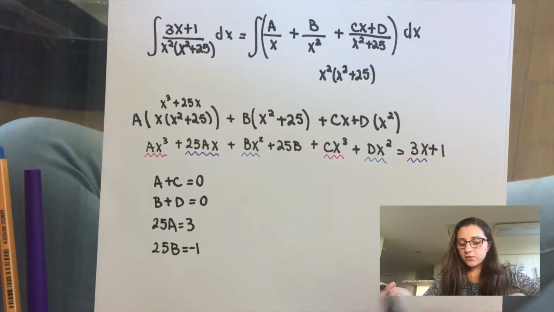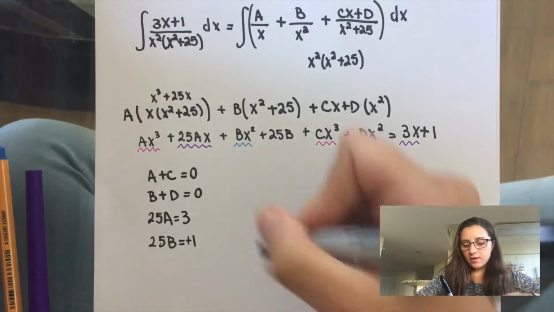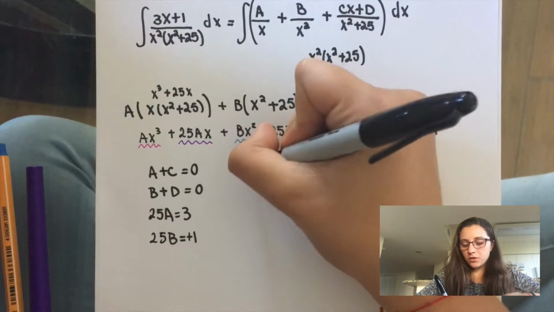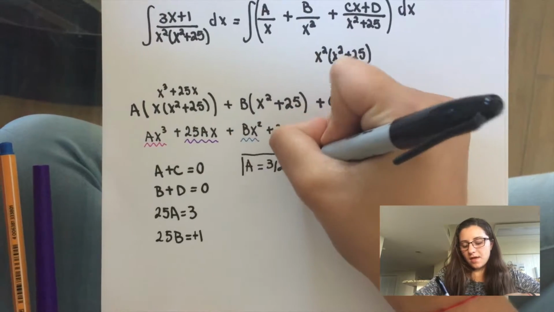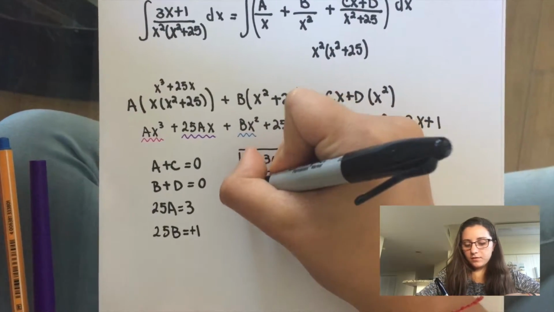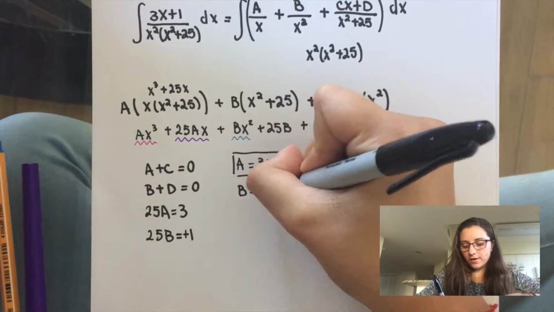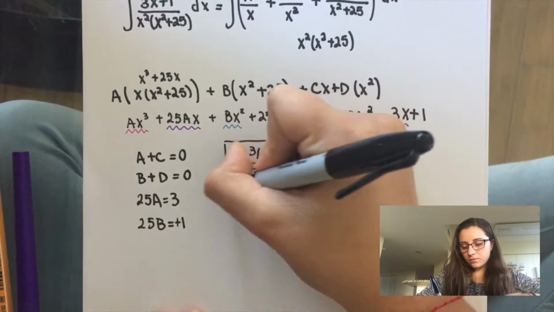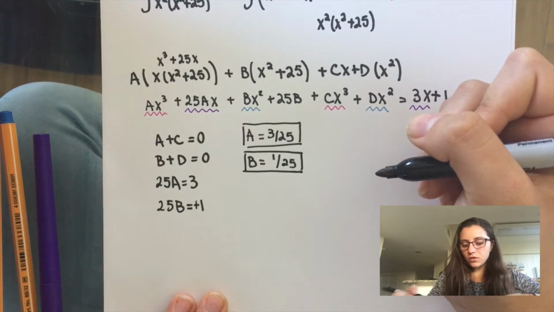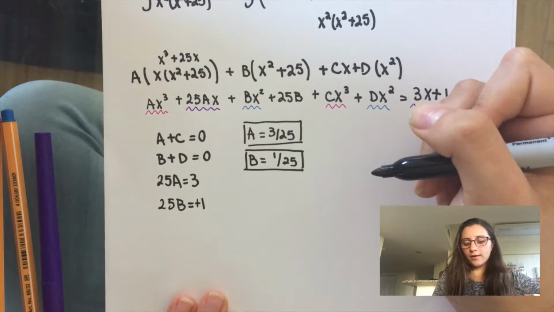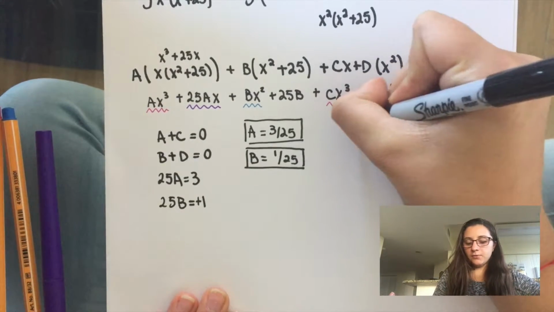Alright, so now that we have this, we're going to go ahead and solve for our variables. So we can naturally say that A is equal to 3 over 25. And then we can say that B is equal to negative 1 over 25. And then we're going to go ahead and plug those numbers in to get our C and our D variables.